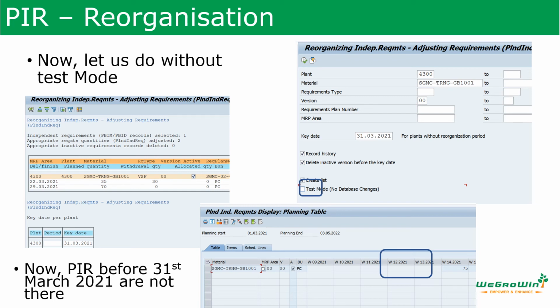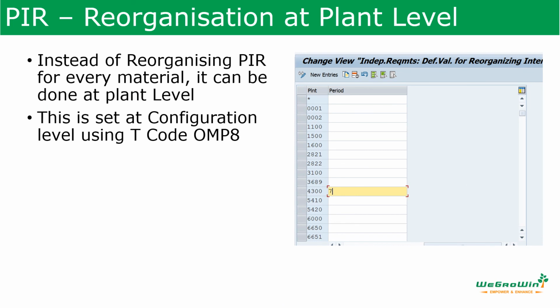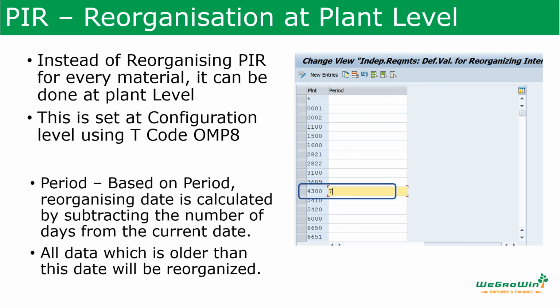It may take a lot of time. You can do this PIR reorganization at plant level also. To do the reorganization at plant level, you can use the customization setting through SPRO, and the T code is OMP8. Using OMP8, you select the plant and enter the number of periods, based on which the system will select the reorganization date.